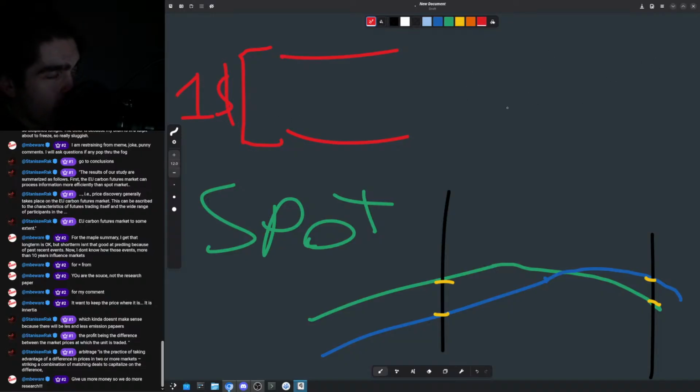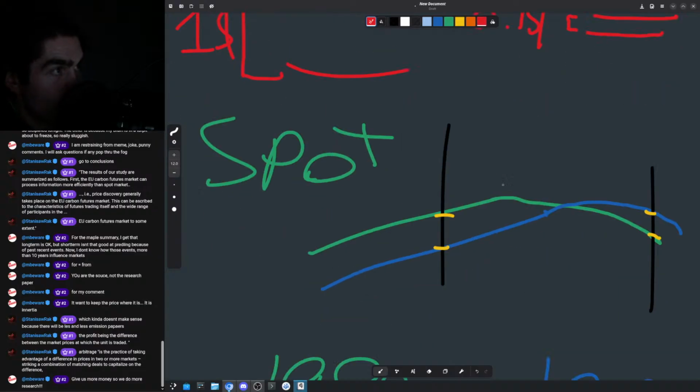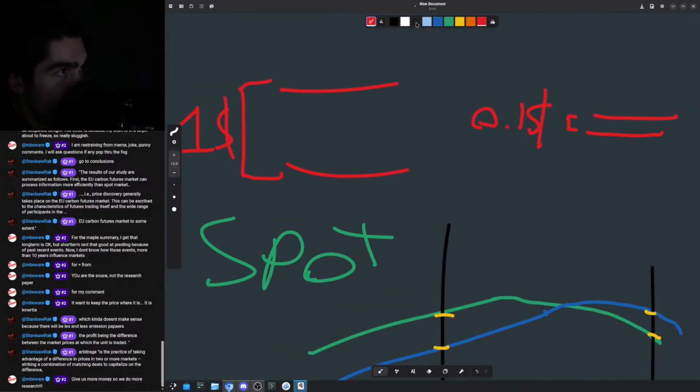And there's another world where the range that we have for a specific price, the precision at which we can say the price is, is $0.1. So this is what arbitrage does: it reduces the range for that price.